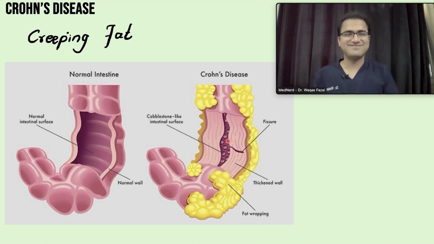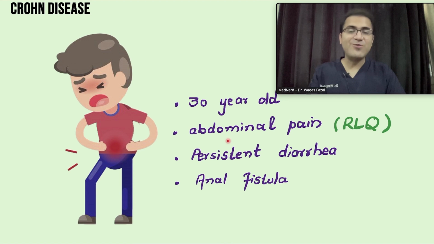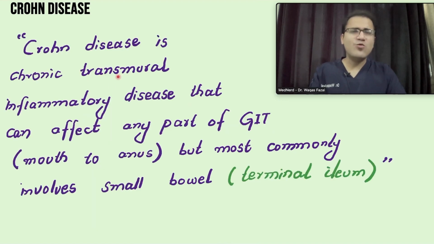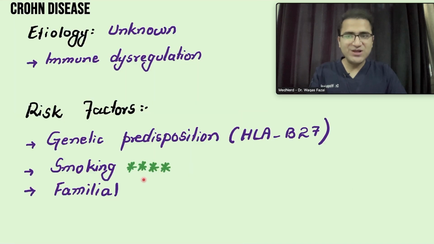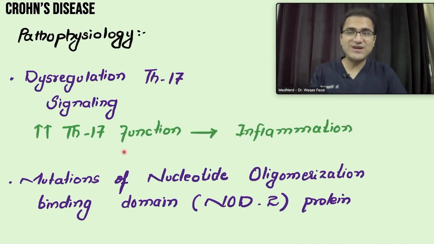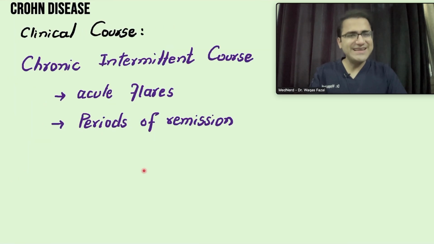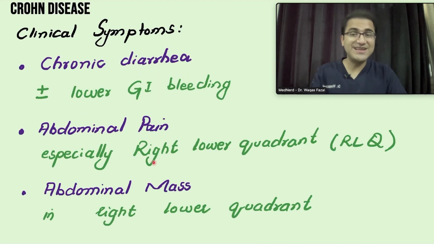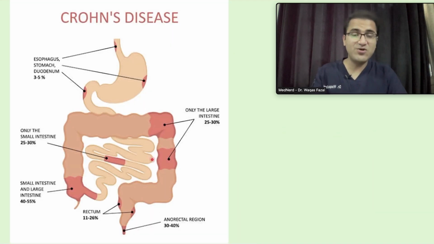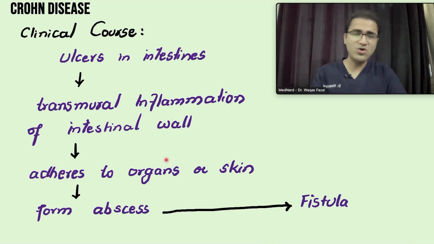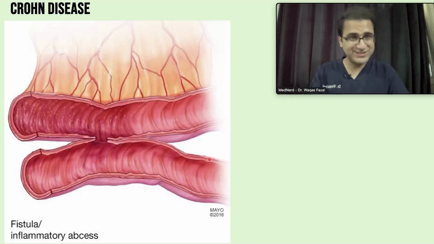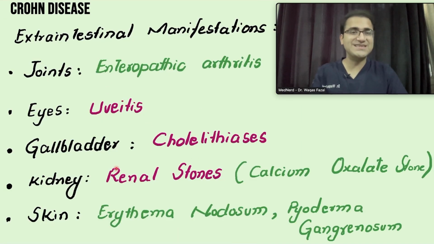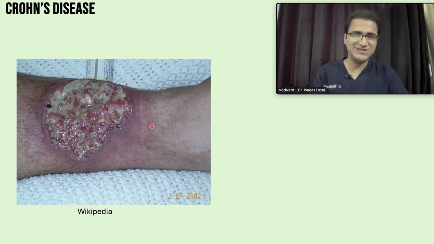In summary, we talked about the case that we had, what is Crohn's disease, the transmural involvement, the etiology and the risk factors, the pathophysiology, the clinical course, that is chronic intermittent, the clinical presentation with diarrhea, abdominal pain, abdominal mass, the skip lesions commonly involving the terminal ileum, how fistulas are formed, the important points, how ulcers can spread to fistulas, and the extraintestinal manifestations of Crohn's disease.